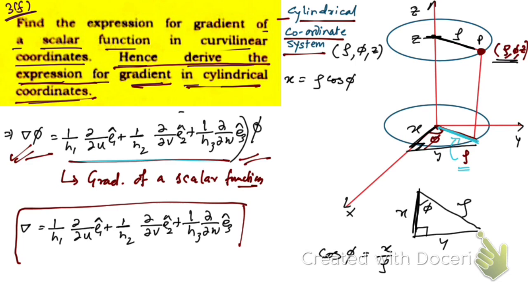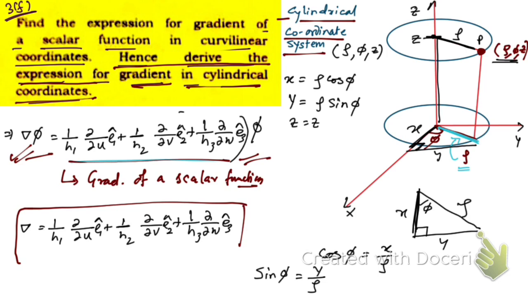Similarly, if you take sin phi, then you will get y by rho, and so the y coordinate is equal to rho sin phi, and z is z. The third coordinate is simply z, right?